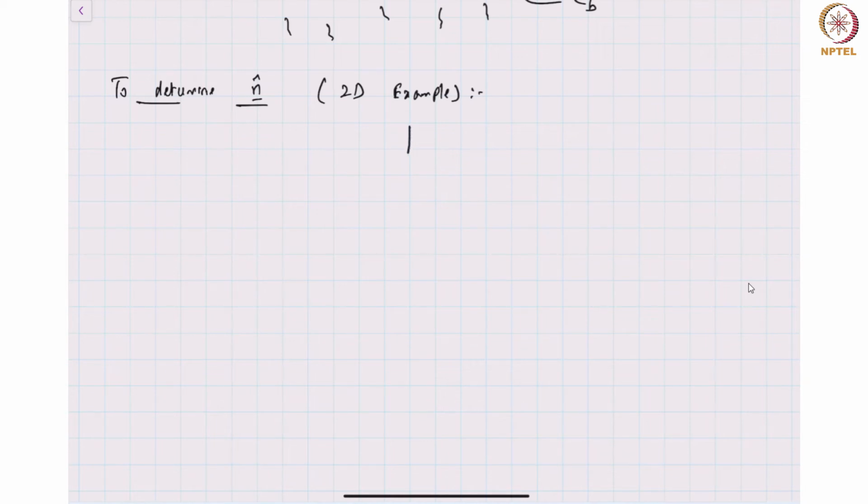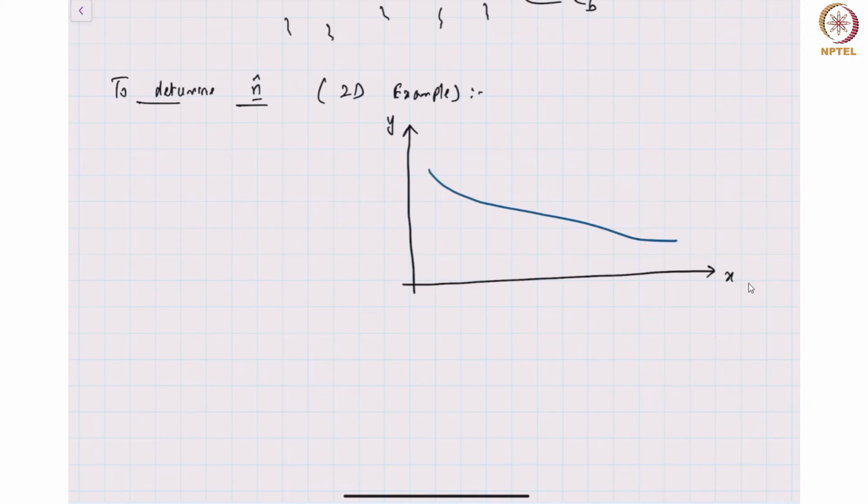So for example, let's consider a 2D system like this. We have the xy coordinates, and we have some arbitrary interface like this. The interface itself is defined in the following way.